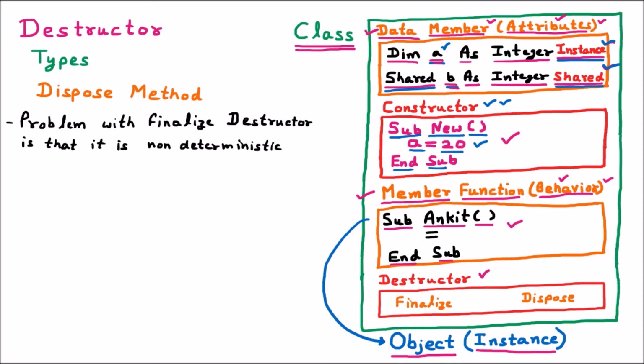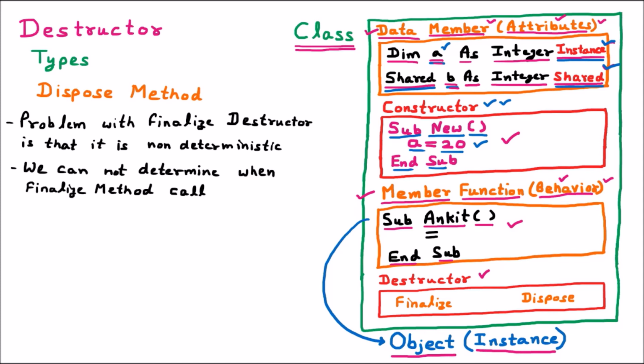Non-deterministic means we cannot determine when the finalize method will be called. But here the dispose method is the opposite. Just like the finalize method is automatically called by .NET, dispose is not. So unlike the finalize method, the dispose method is not called automatically.